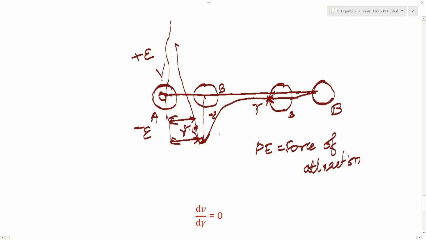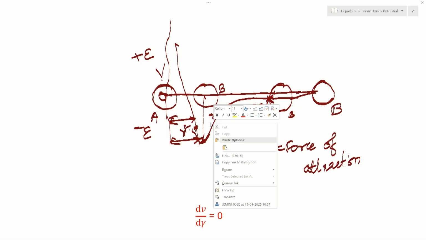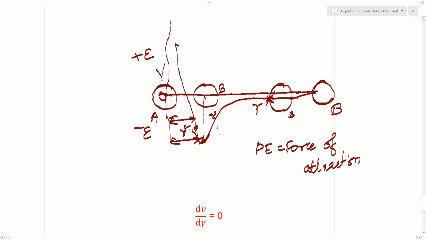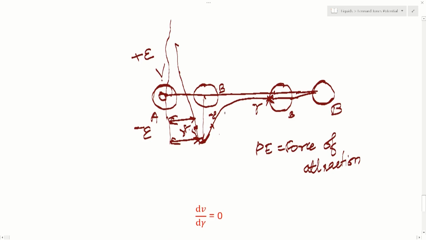Then assume the molecule is somewhere right of this potential well. There also it goes towards the repulsive force, and the potential energy is due to the force of repulsion. Then assume the molecule is dipping into the potential well.